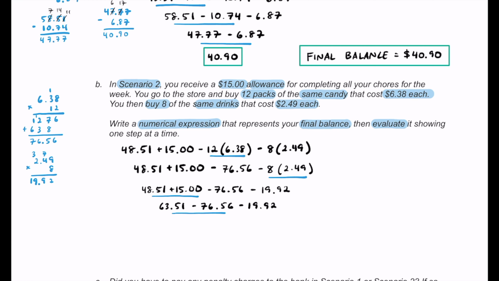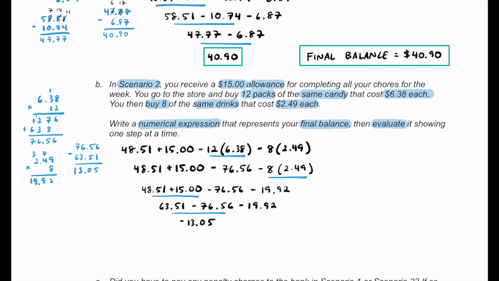Okay, and then we just have to make this answer negative. So that's going to be 6 minus 1 is 5. 5 minus 5 is 0, 6 minus 3 is 3, and 7 minus 6 is 1. So it's going to be 1305. So it's going to be negative 13.05. Okay, and it's important to know that it's negative here, because that means we're going to accrue a fee here, right? A $5 fee, because we went negative. But let's talk more about that in just a moment.